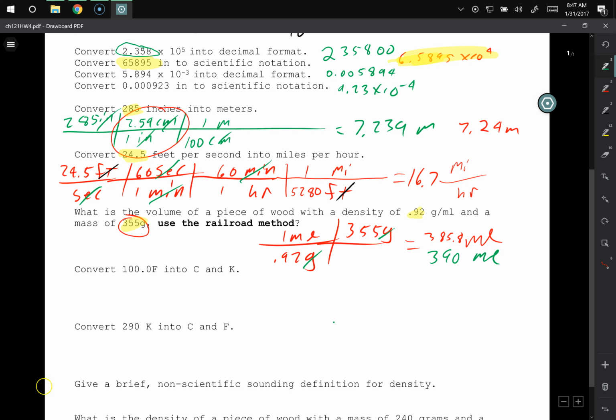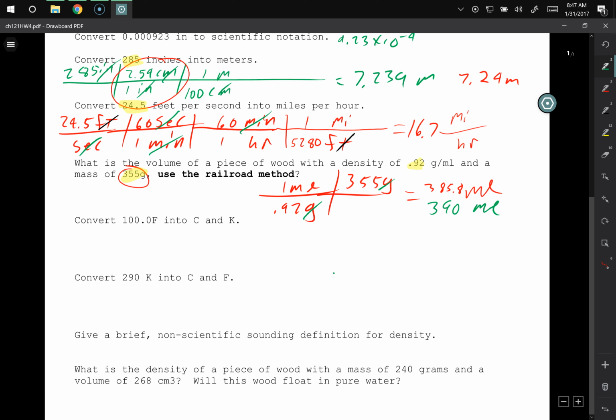Okay. So let's convert 100 degrees Fahrenheit into Celsius and then to Kelvin. So before you do this problem, can you tell me about what the answer should be for Celsius? Really close to what? 37. Why?